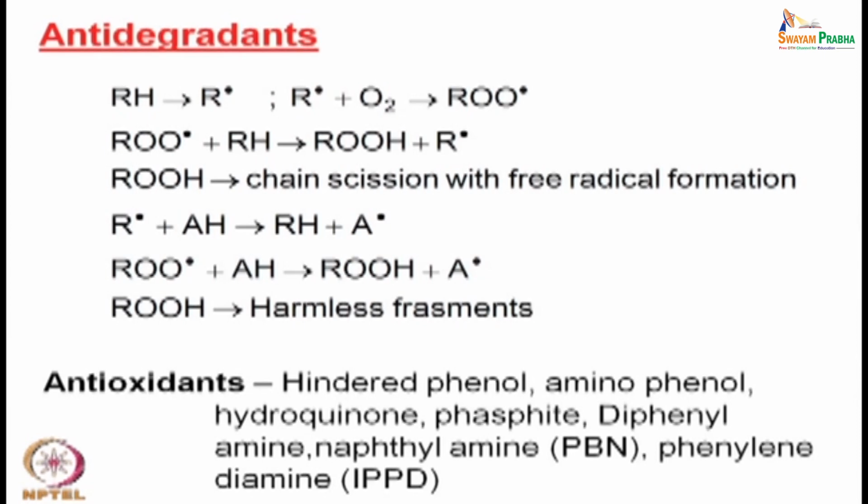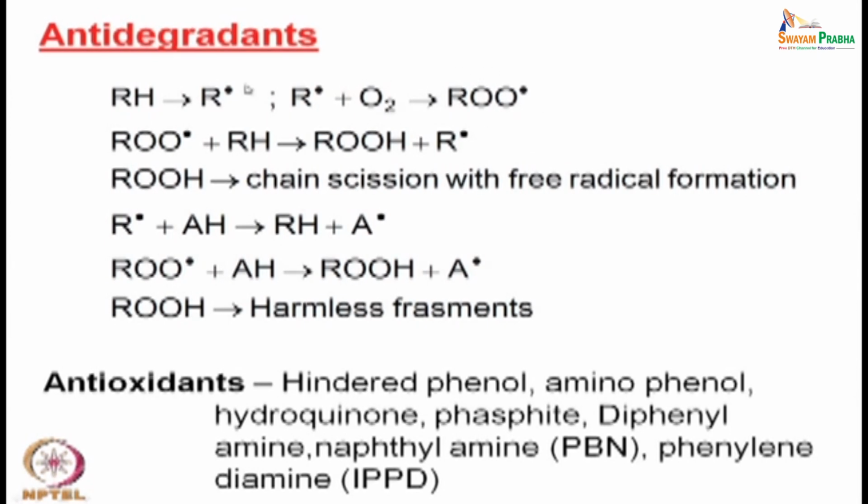I am showing only one carbon-hydrogen bond. That is represented here as R dot. This R dot is very active. If it gets access to oxygen from the atmosphere, it forms a peroxy radical, ROO radical.